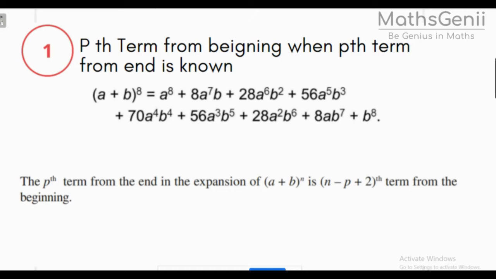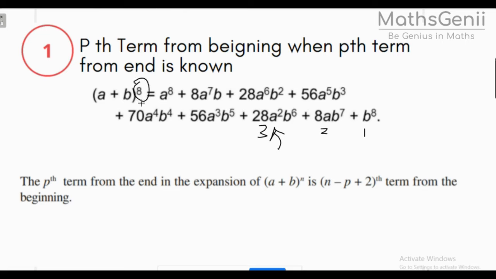The pth term from the beginning when the pth term from the end is known. What do I mean by this? Look at this example. From the end this is the first, second, third term, so this is the third term. Now I want to know what this term is from the start. We have a formula for that.